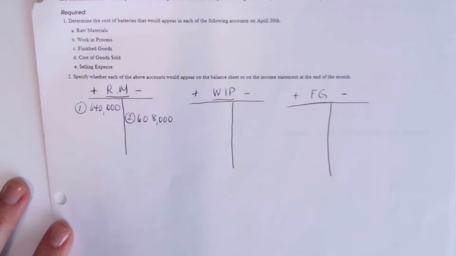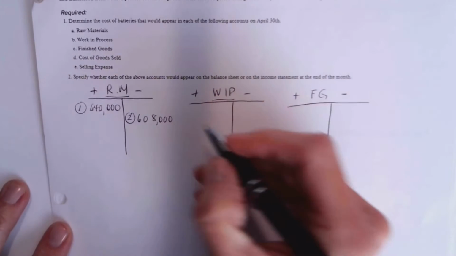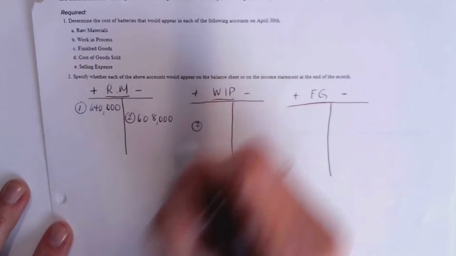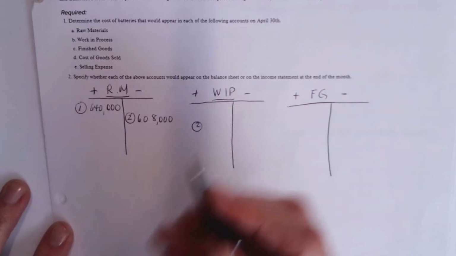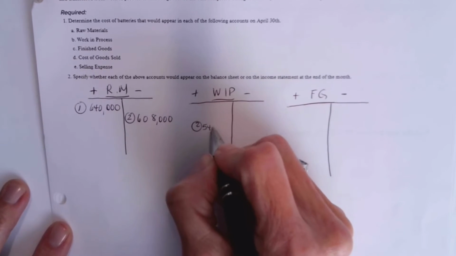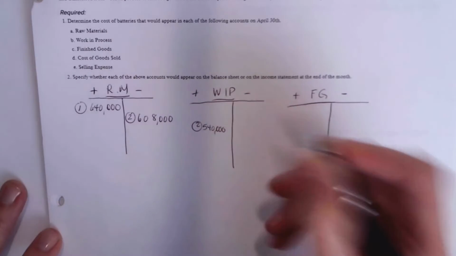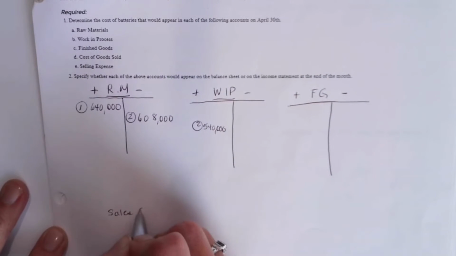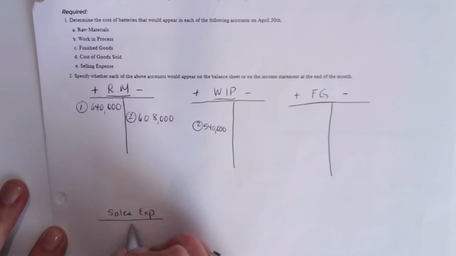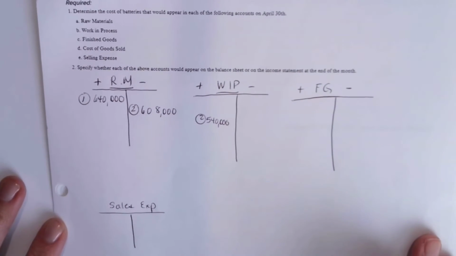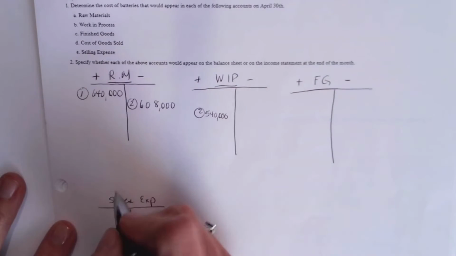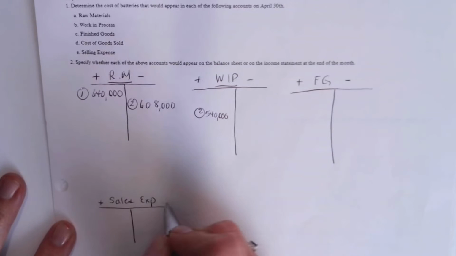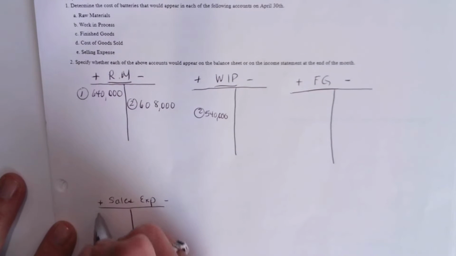Right? And the ones that went into the cars that we're going to sell went over here. And then the ones that went into our salespeople's cars are going to end up down here.